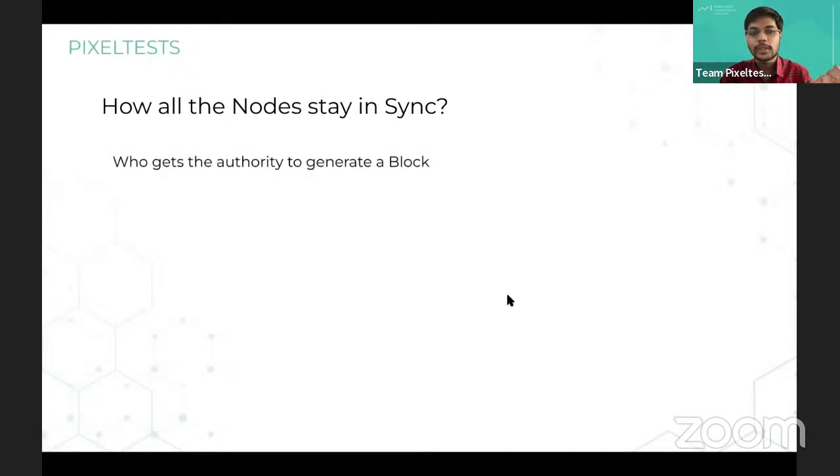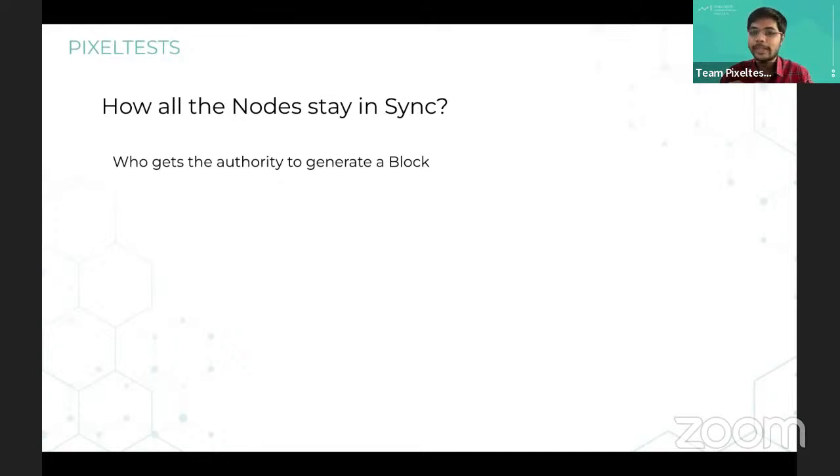We also need to understand who gets the authority to generate a block. Whenever a lot of transactions are being created, when say person A is sending to person B, many transactions similarly get created, and these are in the memory pool first. From the memory pool, a few of them get validated and added onto a block.